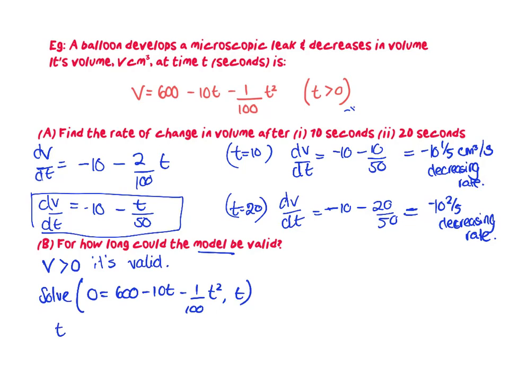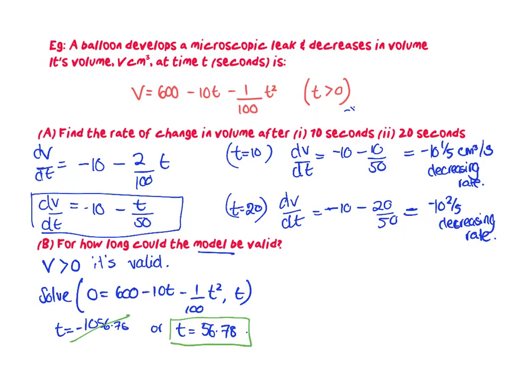And you get t is either negative 1056.78 or t is 56.78. Now we have to eliminate this one because it's a negative time. We don't have negative time. So this is when the balloon will run out of air completely.